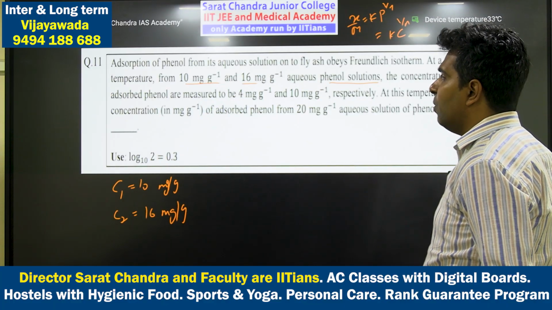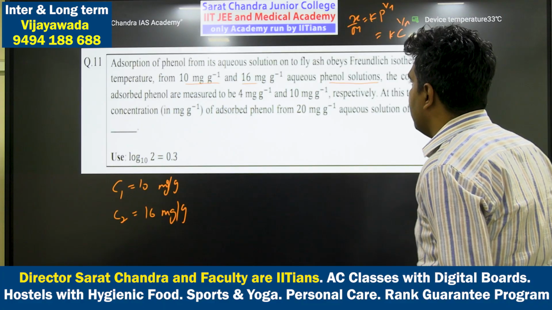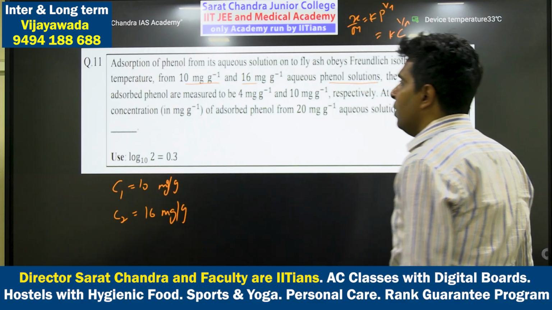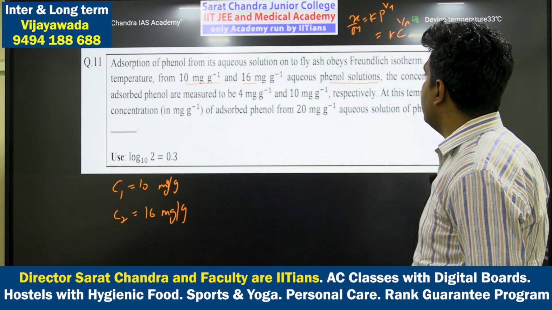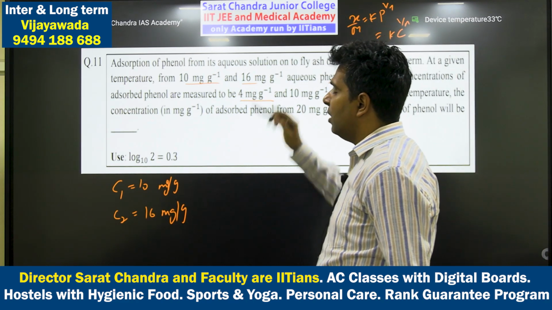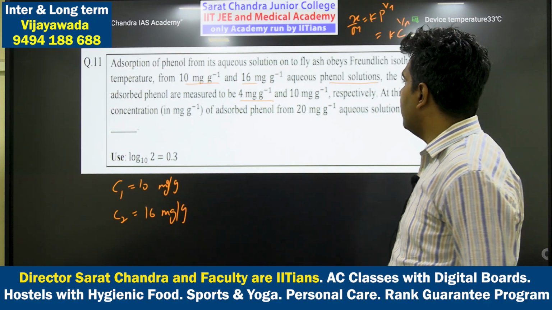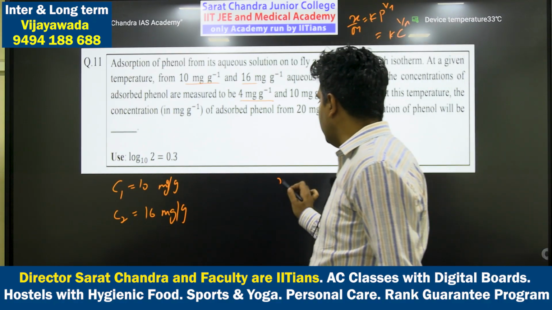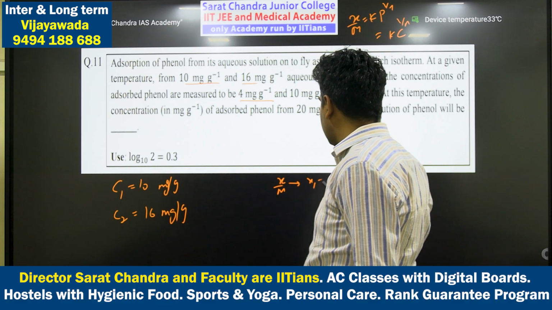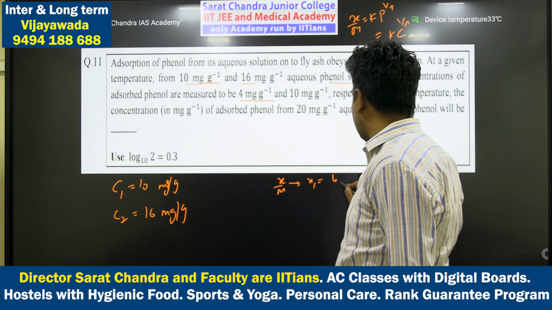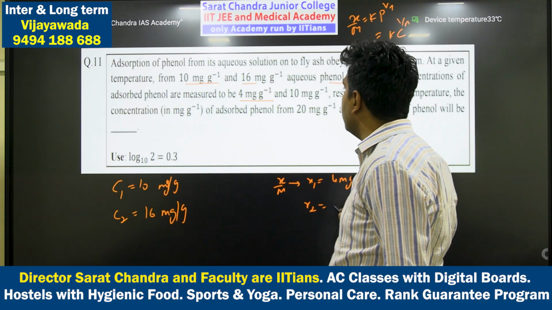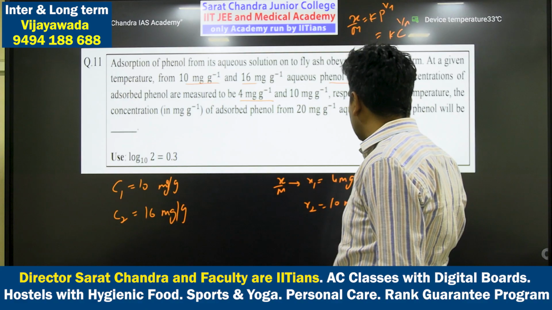The concentration of adsorbed phenol, you can call it the extent of adsorption, is measured to be 4 milligrams per gram of the adsorbate. So the extent of adsorption in the first case, let me call this x1, is 4 milligram per gram, and in the second case the extent of adsorption is 10 milligrams per gram.